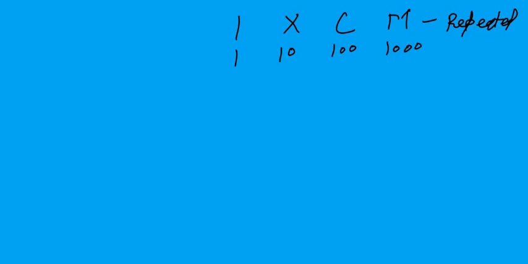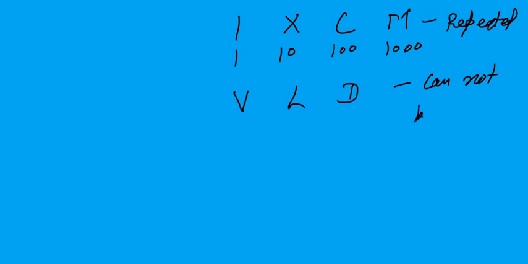But which symbols will be repeated? Always remember: I will be repeated, X will be repeated, C will be repeated and M will be repeated. Only these will be repeated because they are the combination of 1 and 0. What will not be repeated? V, L and D cannot be repeated.